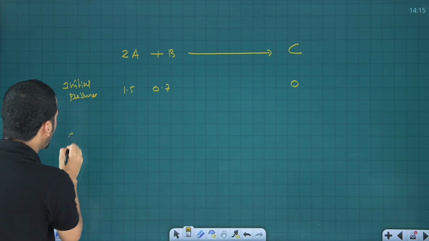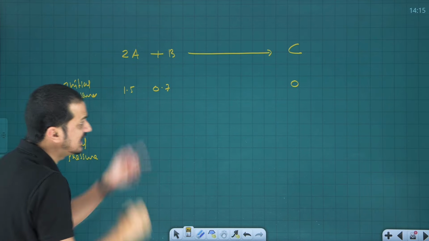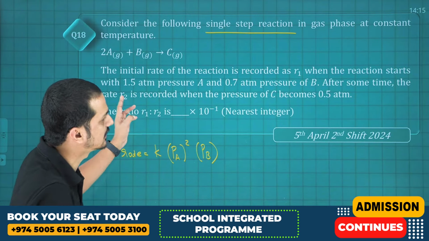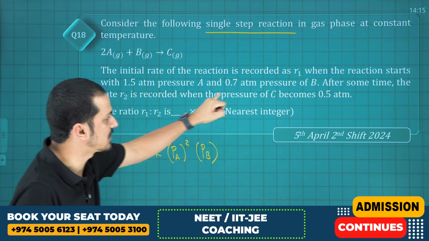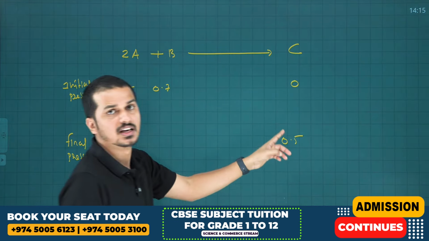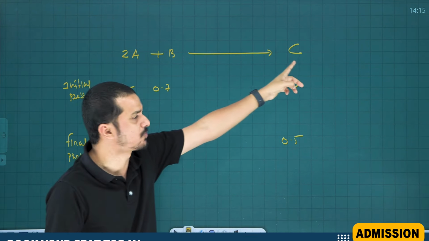Then the final pressure of C they gave, that is 0.5 after some time. They are explaining it like that: after some time, the final rate R2 is recorded when the pressure of C becomes 0.5 atm. If it is 0.5, see, from here 2A react when 1C is produced.